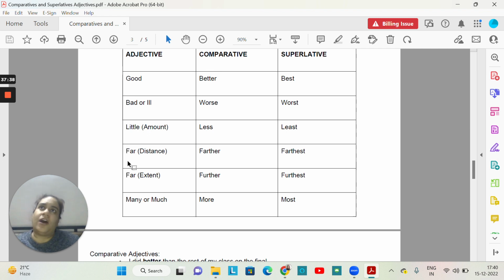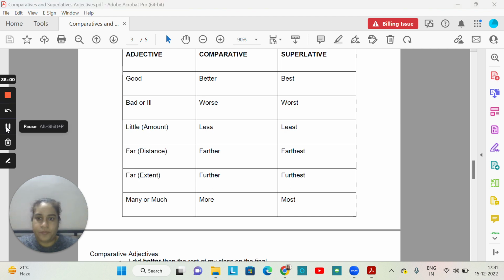Punjab is farther than New Delhi. We are comparing between two states. Kashmir is the farthest from all of the states. That's all it means. Right? So we are clear till here.